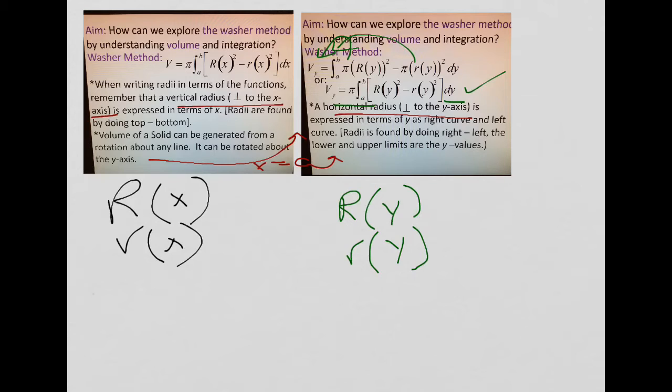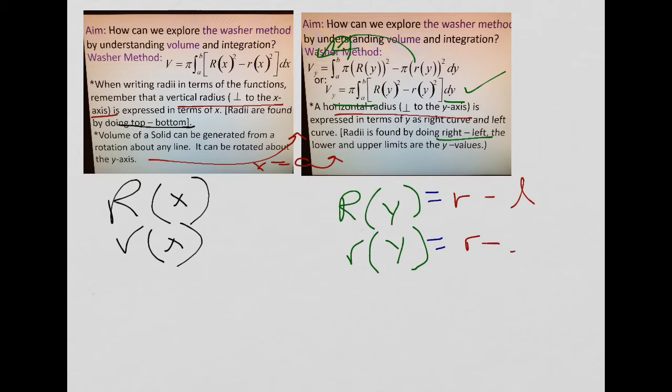With that being said, we're going to look at our right curve and our left curve to determine our radii. Instead of doing top minus bottom, like we did before, we're going to do right minus left to determine these radii.